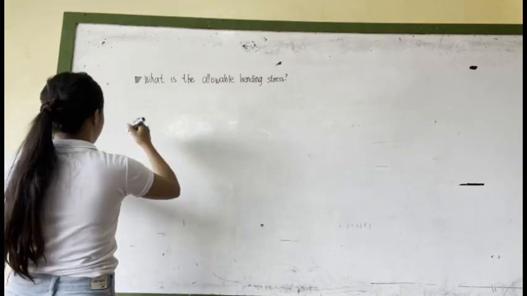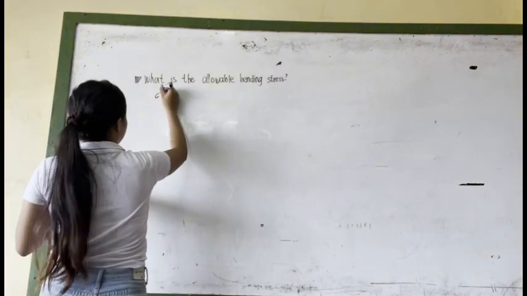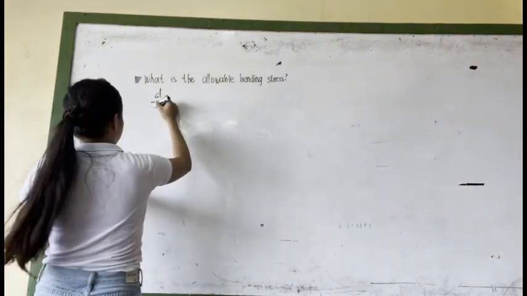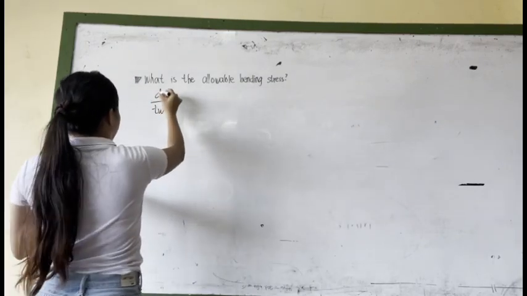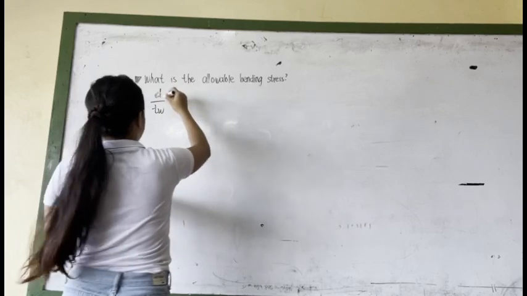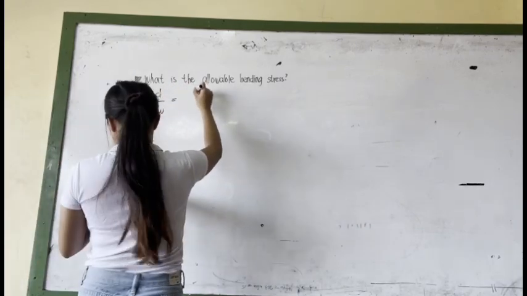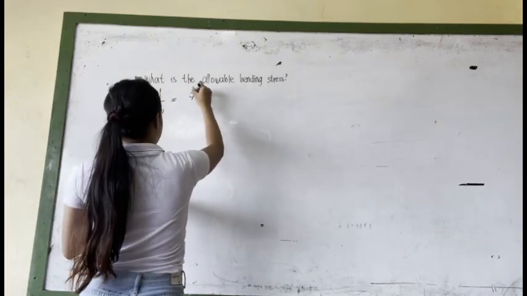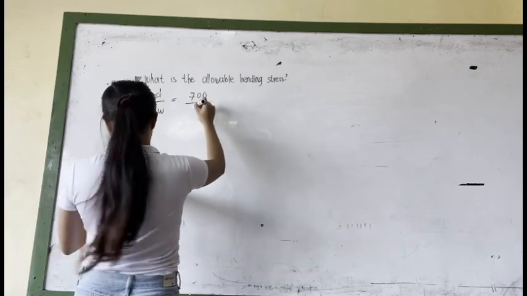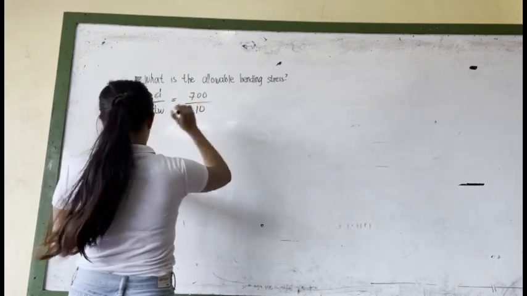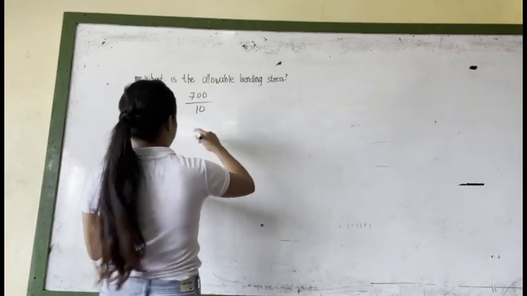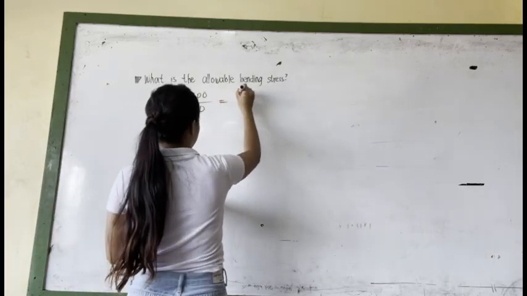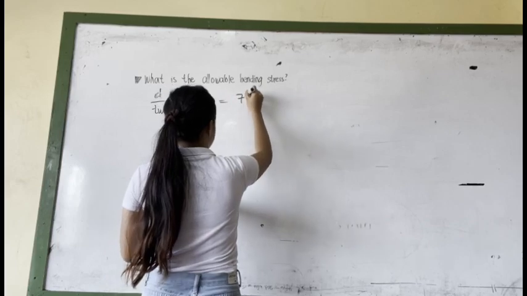So we have a formula of d over tw. Since d stands for depth, which is 700, and our tw is equal to 10, from the given problem. So when we calculate it, it will result to 70.